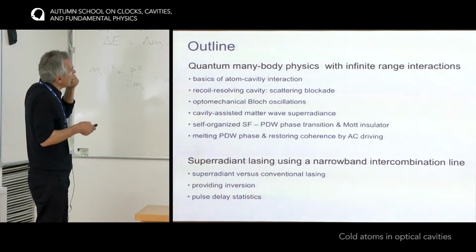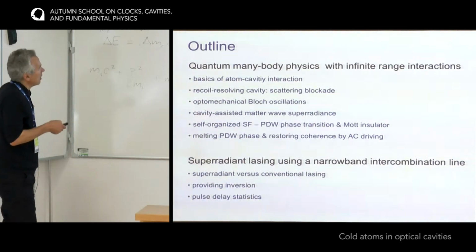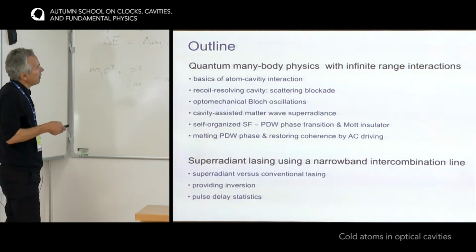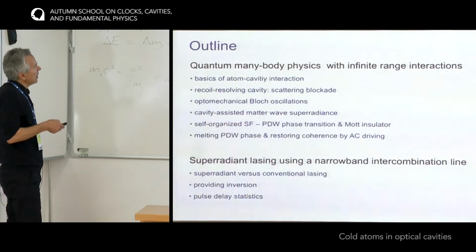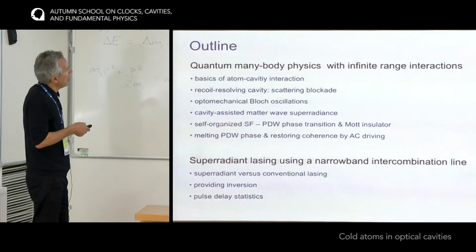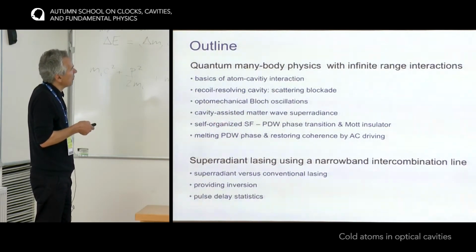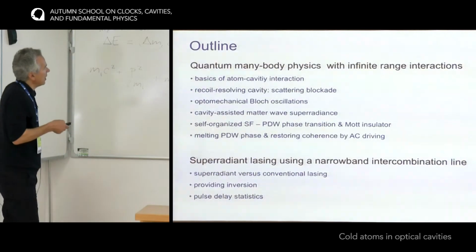I will then show you what I mean by cavity-assisted matter-wave superradiance, and then go to a coupling scheme where there is an interesting self-organization phase transition and also a Mott insulator of cold atoms trapped in a cavity.